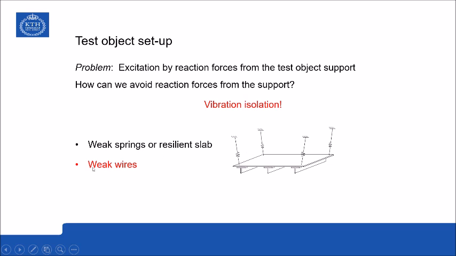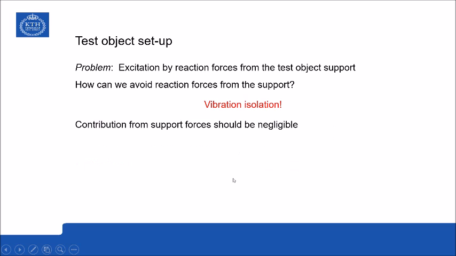Another possibility is to use wires that are weak in some sense, so you can put vibration isolators, steel springs, here for instance. Well, the idea is to make the contribution from the support forces negligible by vibration isolation.